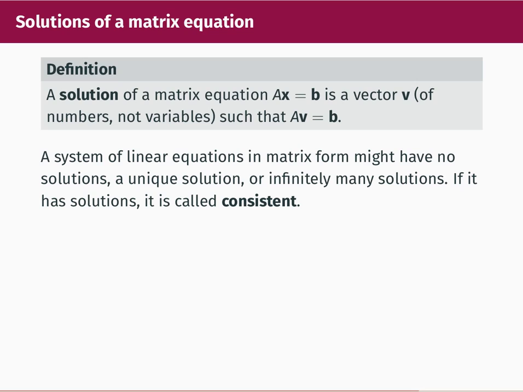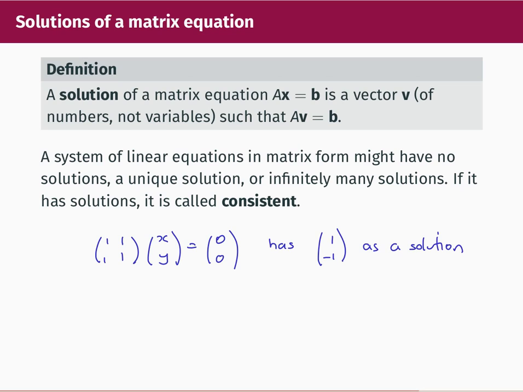Here's an example of a solution, just so we're clear what we're talking about. If we have a matrix equation with the matrix 1, 1, 1, 1 times the vector x, y equals 0, 0, where the x and the y are variables, well, one possible solution would be this vector here.